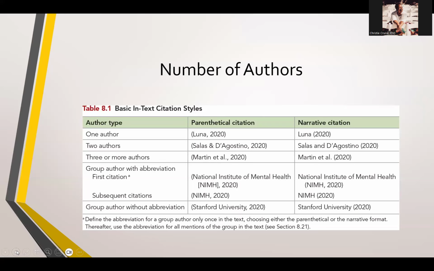And then if you have a group author that does not have an abbreviation, then you want to cite that group name or the organization name just as you would with the author and the date.